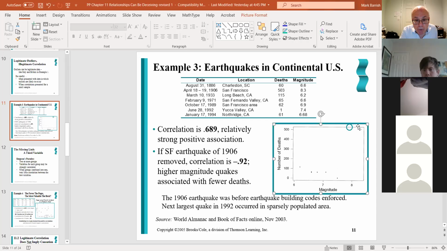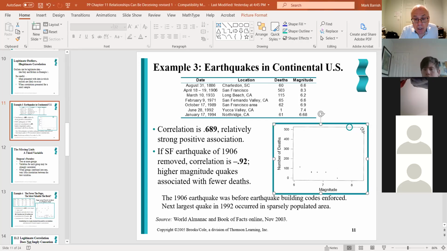I think that's the one they're referring to. That's the one from 1906. Excuse me. San Francisco had 2 major earthquakes in the past 100 years, 1989 and 1906. That's the one, 8.3. That's the biggest earthquake. I think that might be one of the largest ones the U.S. has ever had. And there were 503 deaths.